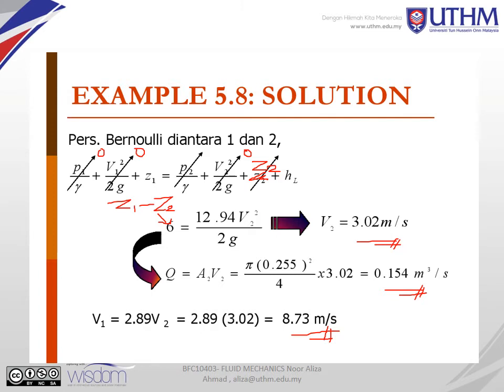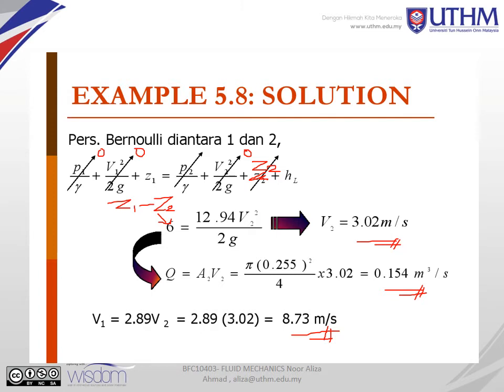It's not 0, so they have Z2 here, so Z1 minus Z2, or ZA or ZB here. So we get this 6 here. The total HL you calculate from the table on the previous slide, so we get 12.94 V2 squared over 2g. So we get the velocity 2 is this value.